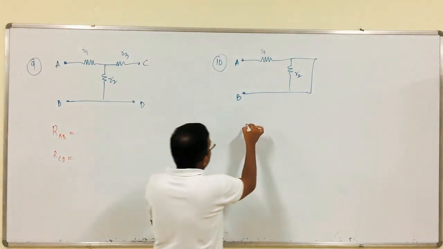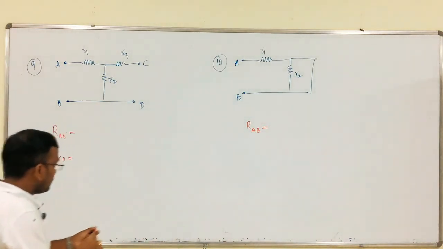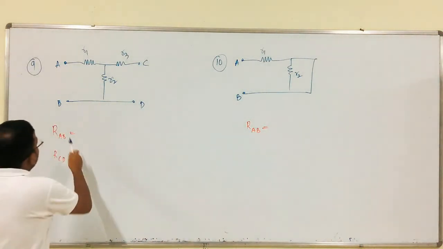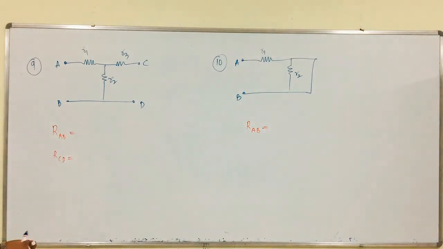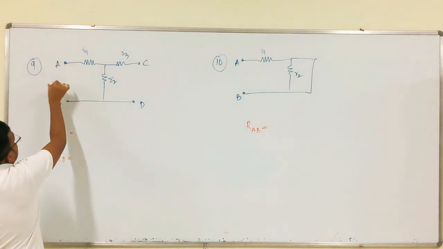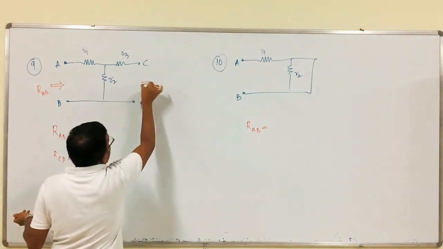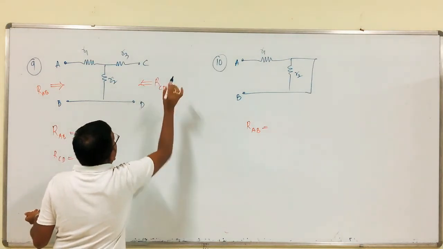For this, what is the value of RAB? See, to calculate the equivalent resistance between these two, RCD, right?